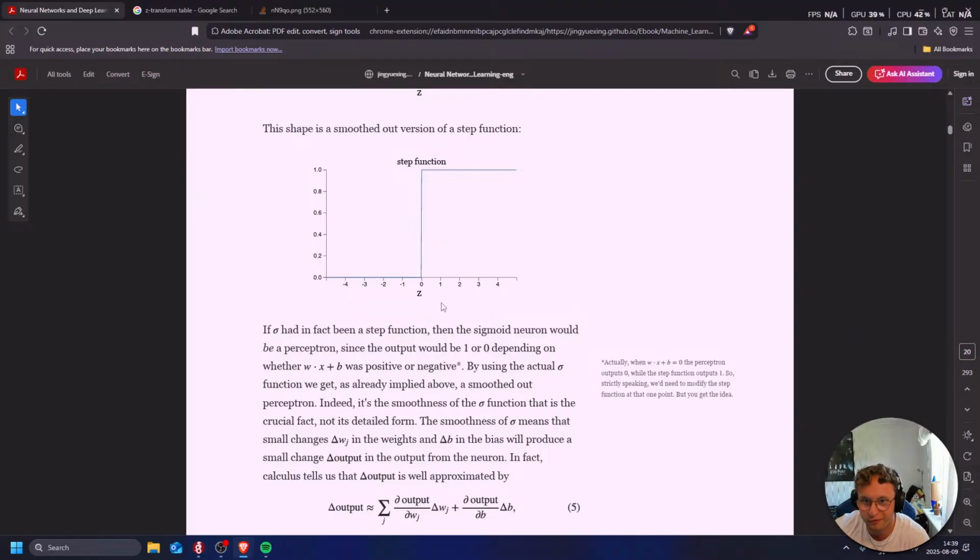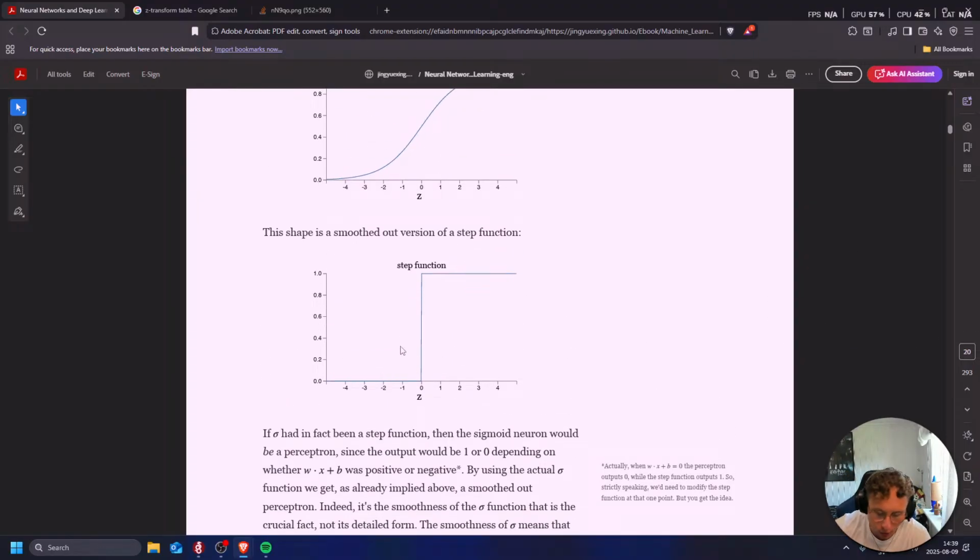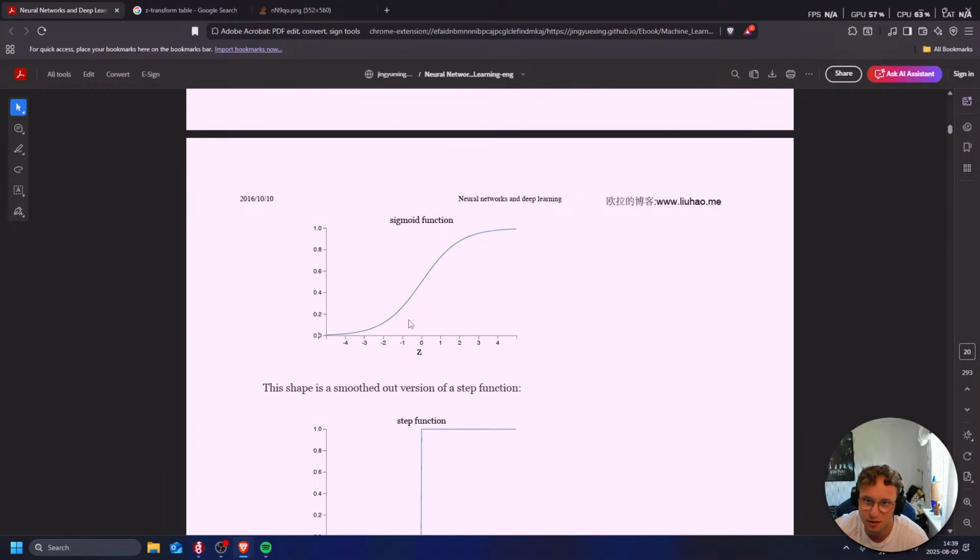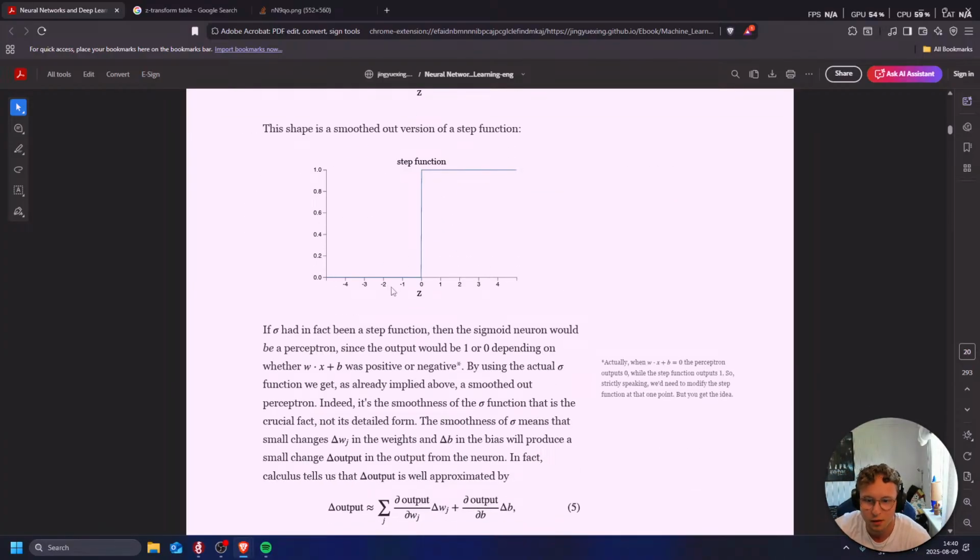So if only the sigmoid function would have an output of 0 and 1, it would be the step function, which is also equal to a perceptron. But if we have an interval between values of 0 and 1, we have a sigmoid function that basically behaves like a perceptron at these endpoints, but in the middle of those endpoints we have a completely different behavior. That's very interesting.